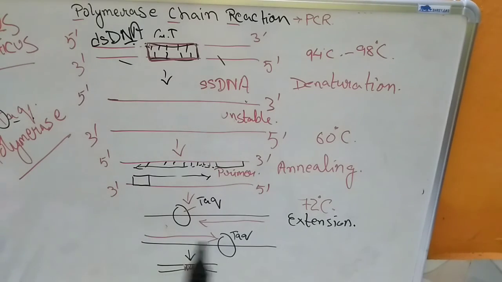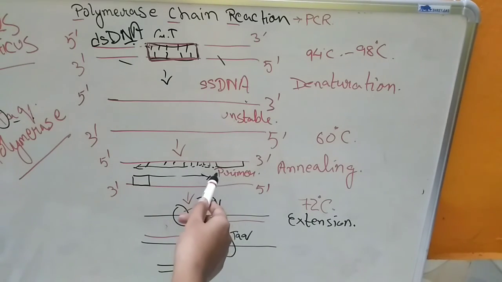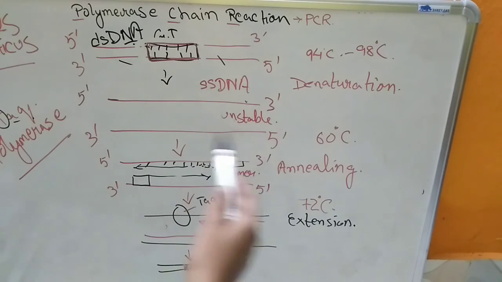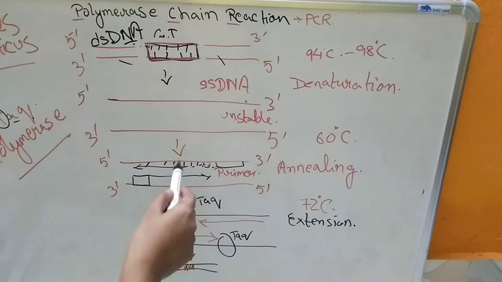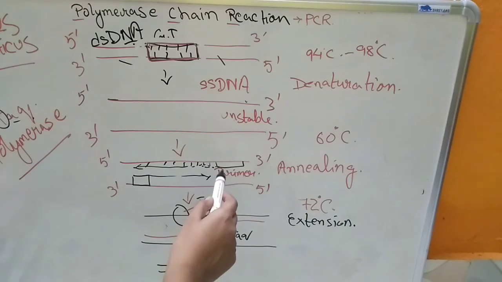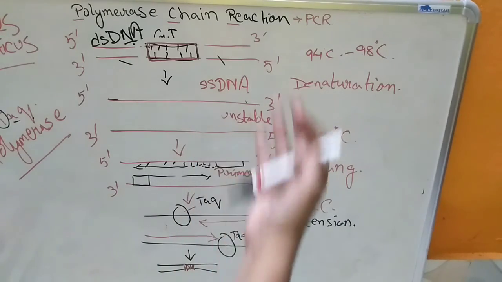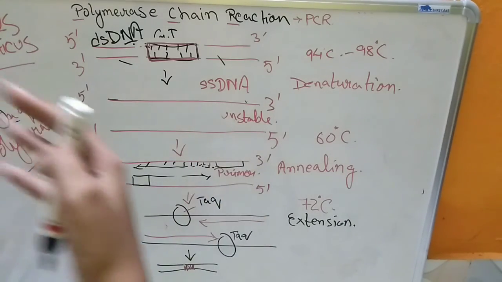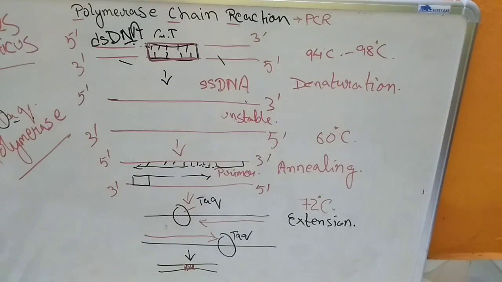What is so special about this Taq polymerase? It is very important. What is the role of these primers? The primers help in the extension of the complementary base pairs. Primers just start the extension process of the single stranded DNA molecules.